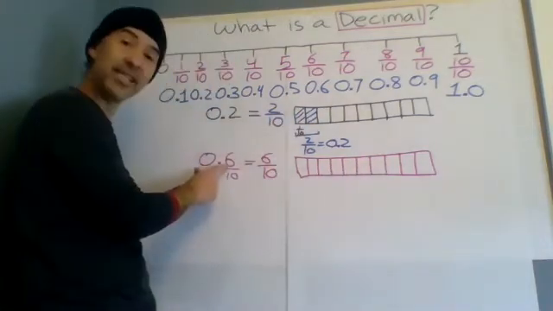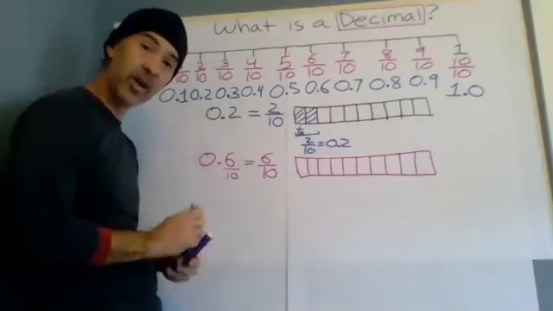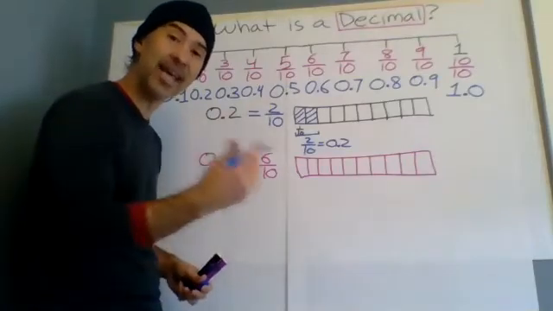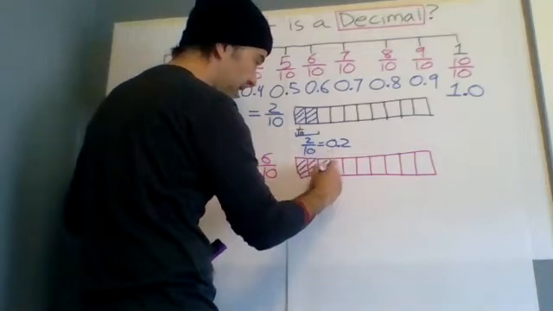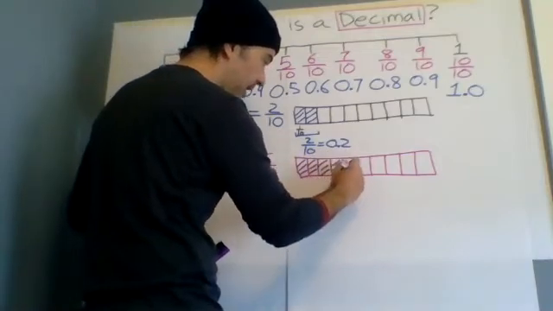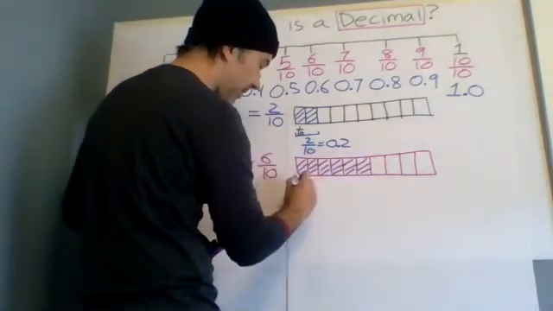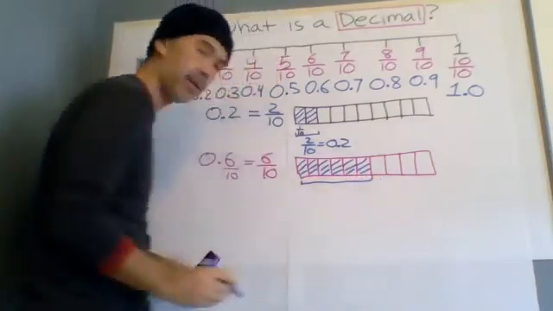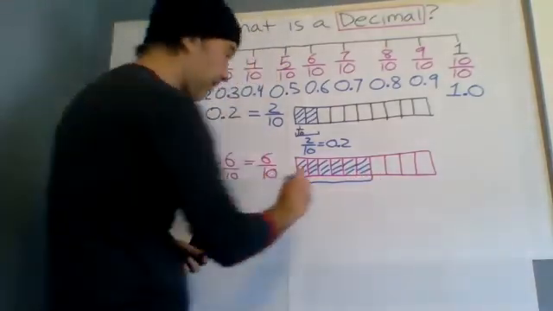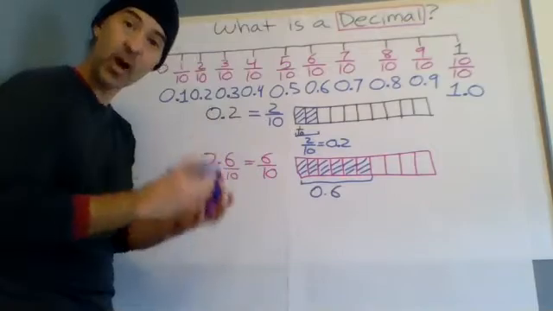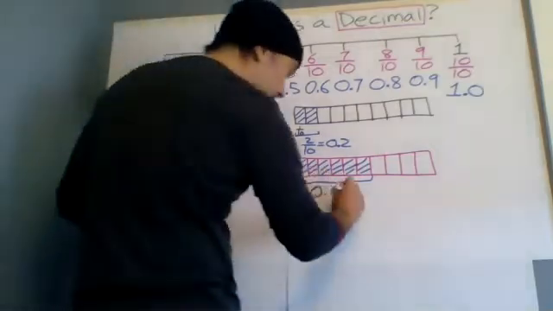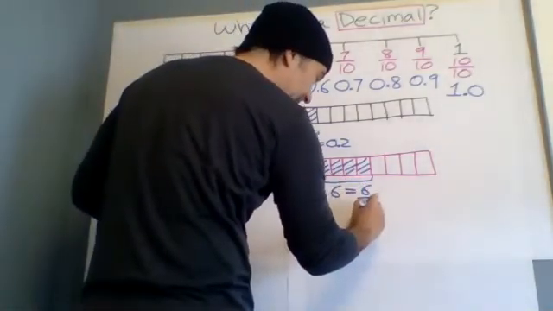I'm only using 6. So what I'm going to do is shade in 6/10. 1/10, 2/10, 3/10, 4/10, 5/10, and 6/10. So this part represents my 0.6, 6 parts out of 10, or it's the same as 6/10.